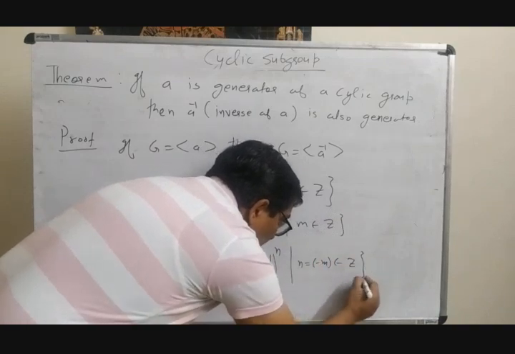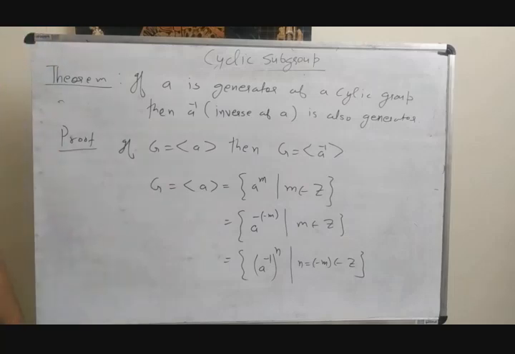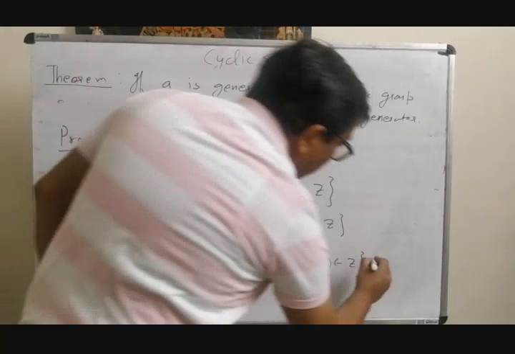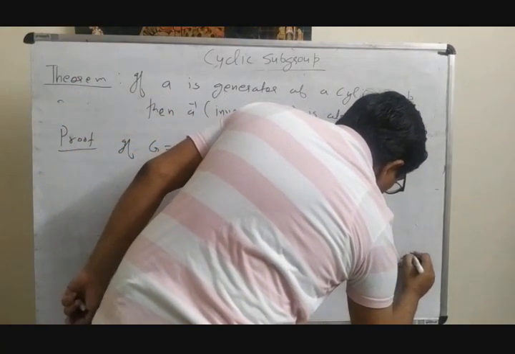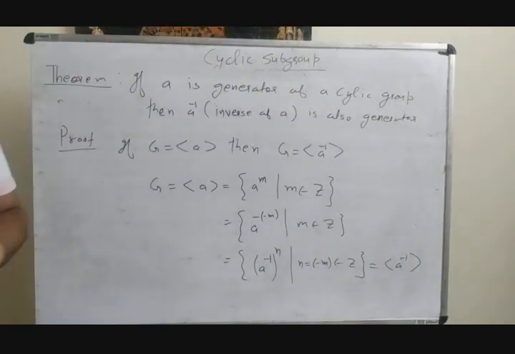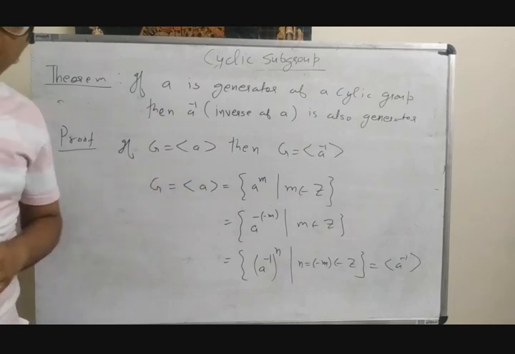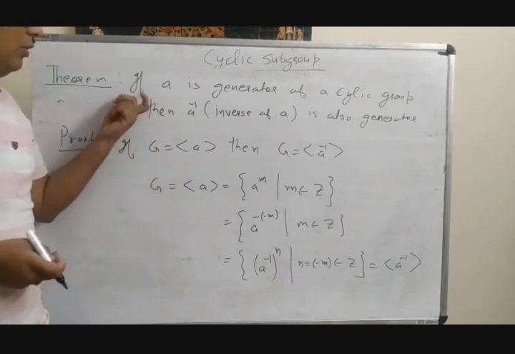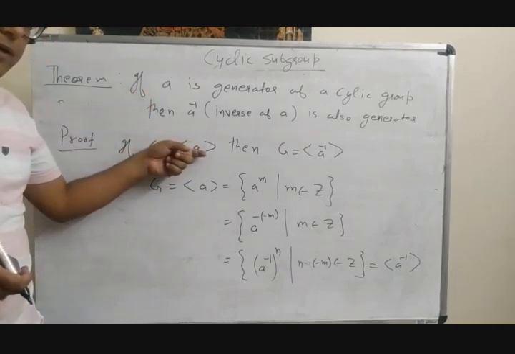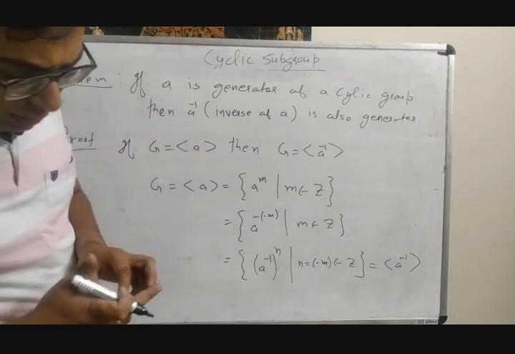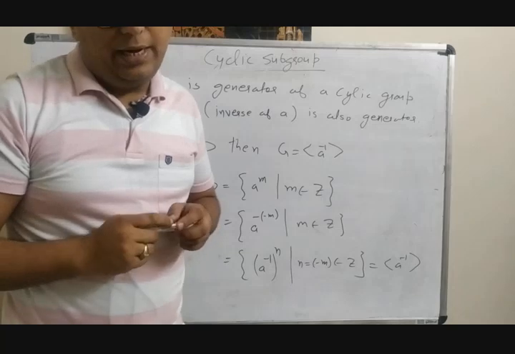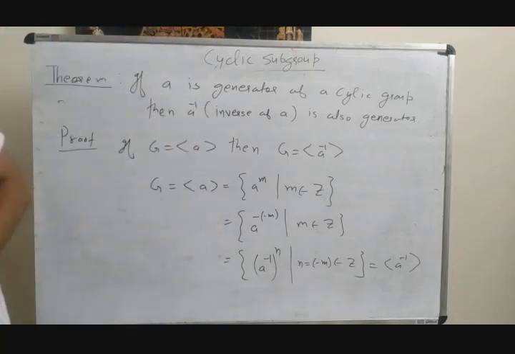This belongs to Z. And what does it imply? It is generated by A raised to power minus 1. So if we have a group which is generated by A, then that group can also be generated by the inverse element of A.